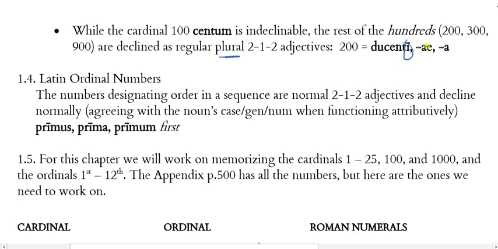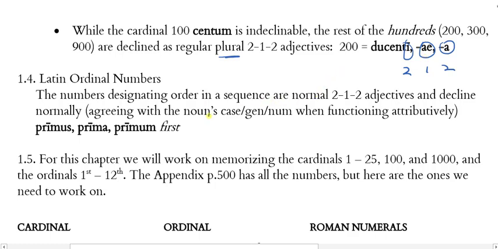And so these are all plural, and they're following the 212 pattern. And so we have E, nominative masculine plural, in second declension, I, nominative feminine plural, first declension, and then A is the nominative neuter plural, second declension. All right, so ducenti, ducentae, and ducenta. Which one I use is going to depend on what the gender is of the noun I'm numbering.